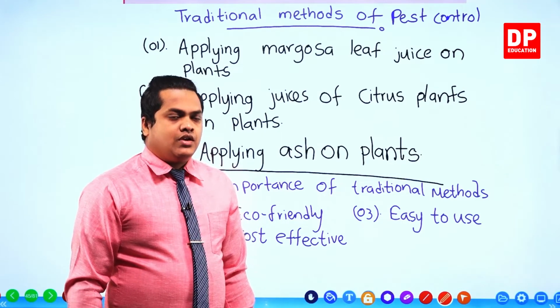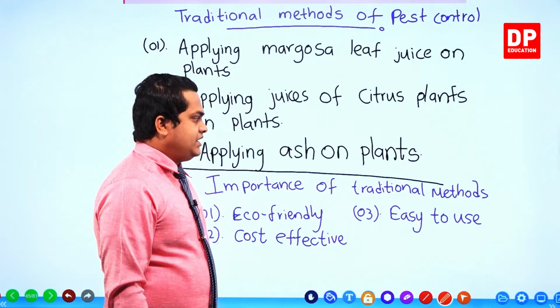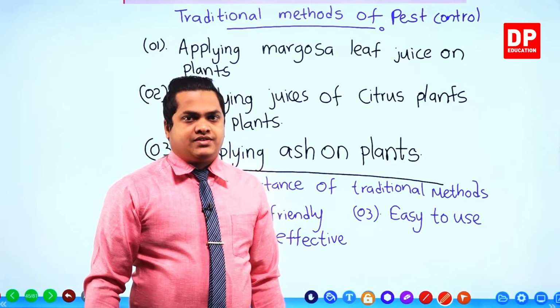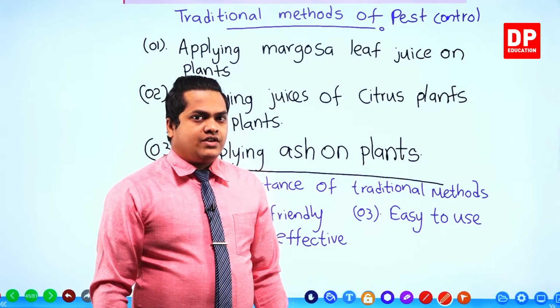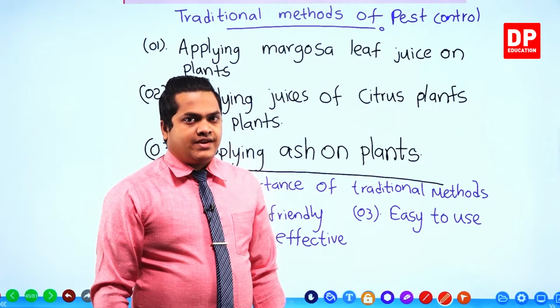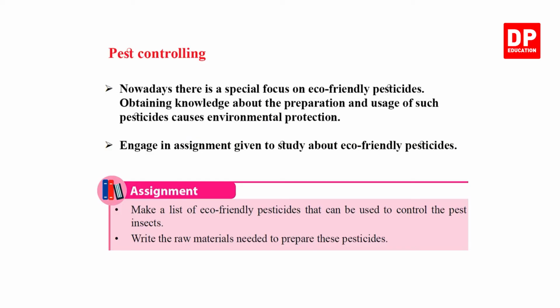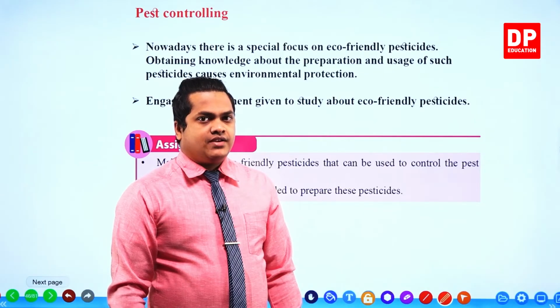Okay, right then. So this is how to control pests by using the knowledge of life cycles, my dear children. So nowadays there is a special attention on eco-friendly pesticides. I told you why that is.